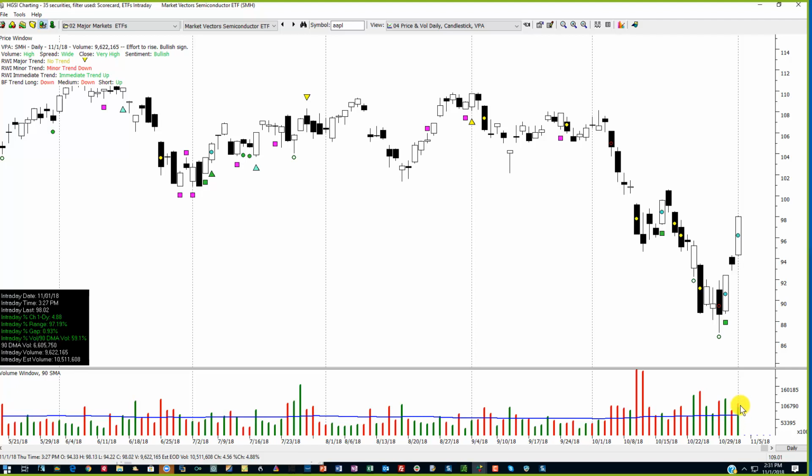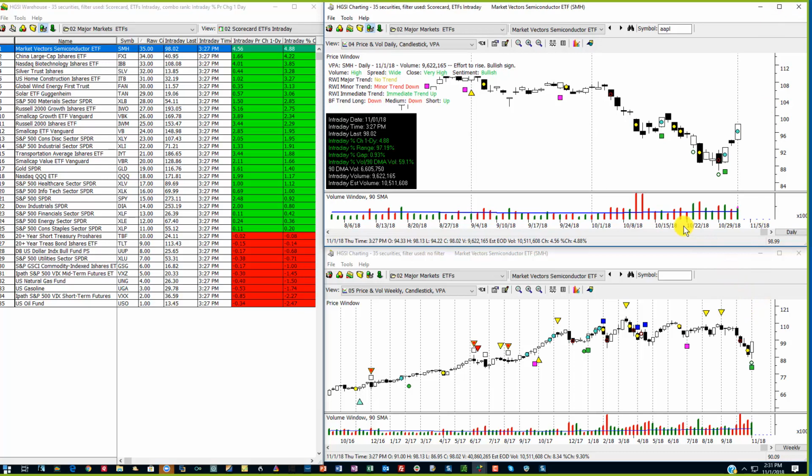And this little magenta tip here on the bar is indicating where, based upon the current run rate, at 3 o'clock, the volume should end up about there. So we're getting a very strong move in the semis. Semis, I should say, not so much on the biotech.